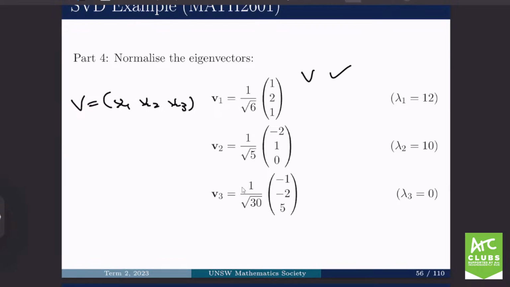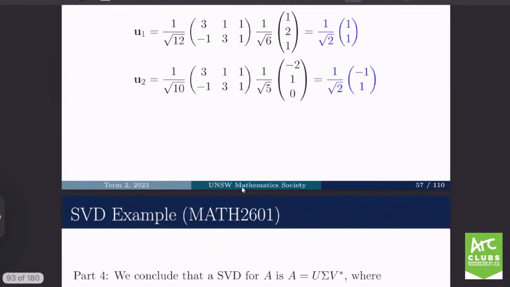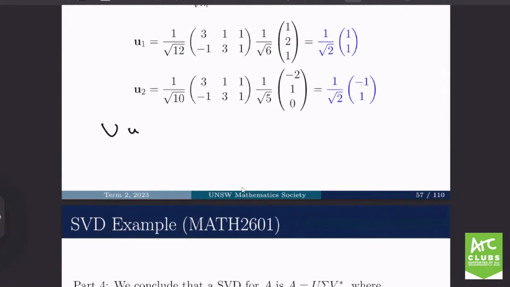Now we just need to find U. To find U, remember that each column Ui will be 1 on square root lambda i, times A Vi, for each non-zero eigenvalue. If we do that, we'll see that U1 equals 1 on root 2, 1, 1, and U2 equals 1 on root 2, negative 1, 1. So you can see that U will be a 2 by 2 matrix, right?